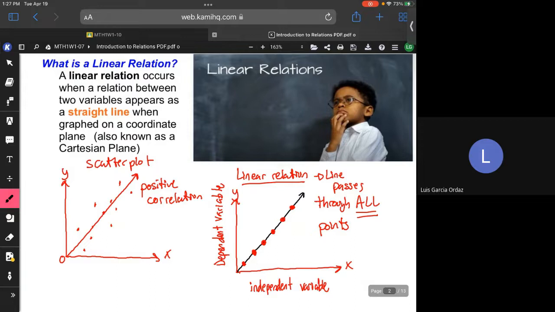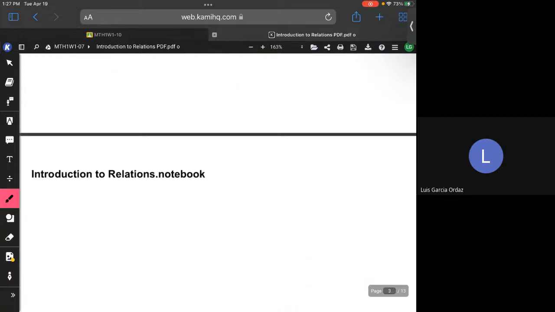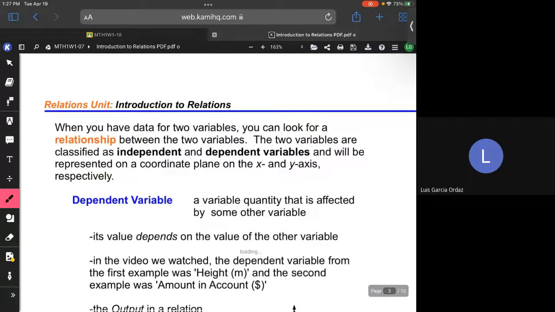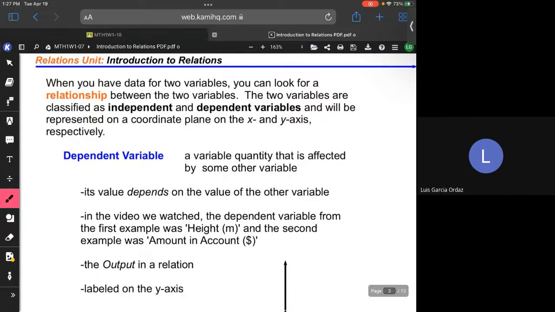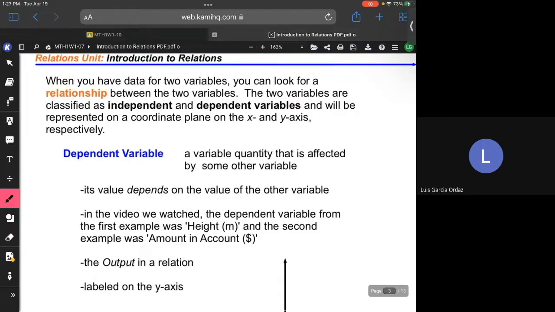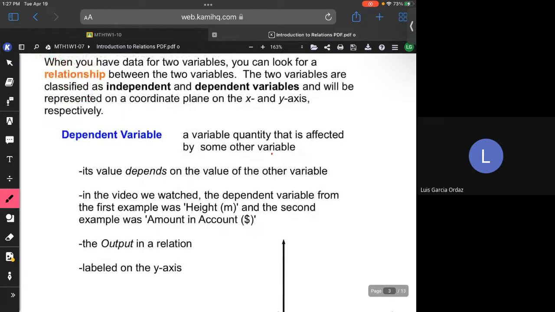With linear relations, we're still going to be using algebra, but algebra in the sense that it's going to represent a pattern for the line. So again, we were talking about the dependent variable. It's a variable that is affected by some other variable. In this case, it is affected by the independent variable.